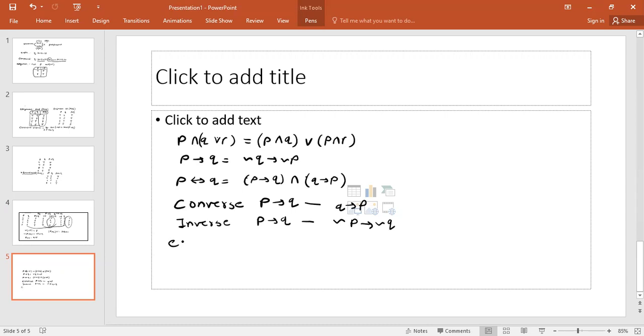And contrapositive of P conditional Q is negation of Q conditional to negation of P. This is contrapositive.